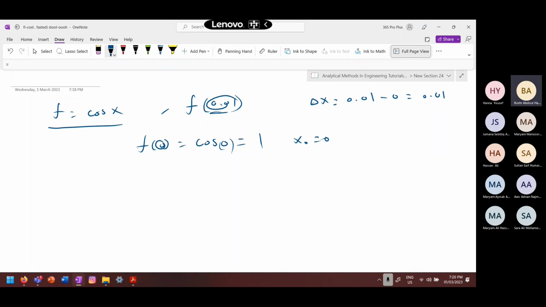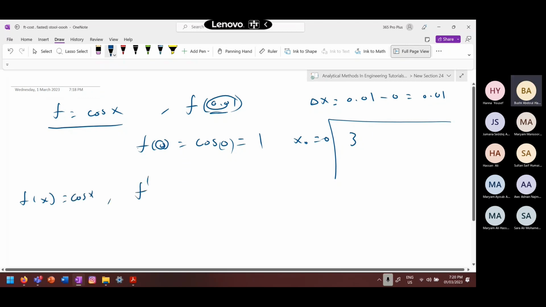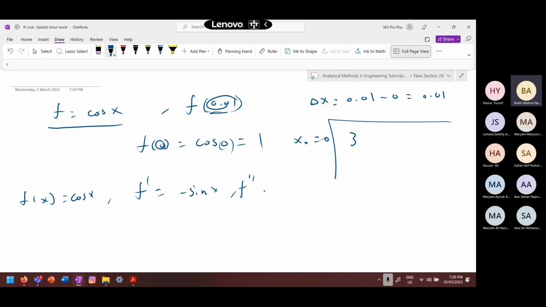Now, all you need to do is just apply Taylor series. Let's make it simple, and you're only required to find the first 3 differentiations or iterations or whatever. So you'll have f of x, it's equal to cosine x. You need to find the derivative. It's equal to negative sine x. Its derivative again, which is double prime, you will get negative cosine x. Okay.